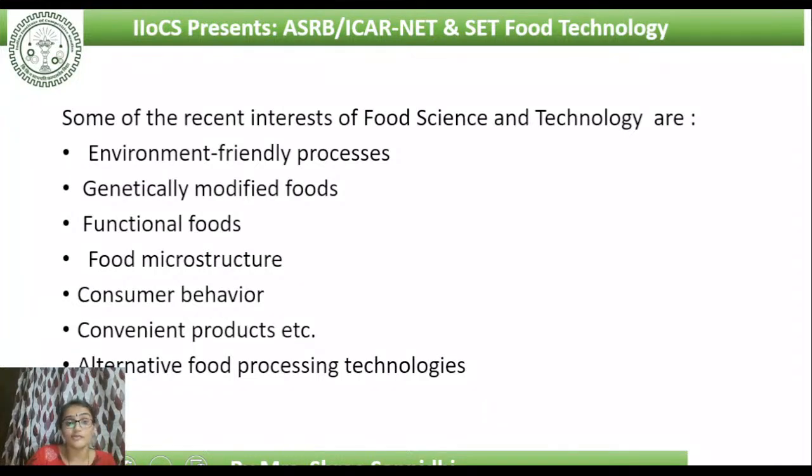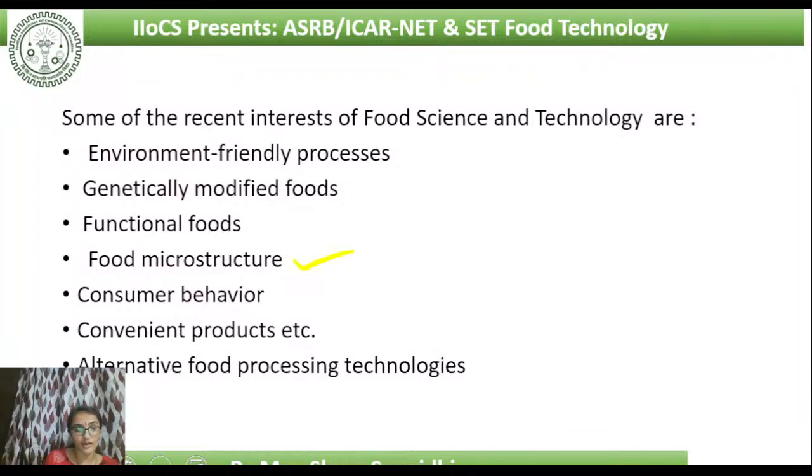Next is food microstructure. This comes especially in the food science category. Food microstructure is the in-depth study of microstructures of the food particles. This will give a better understanding of the food and better knowledge about food processing. The next one is consumer behavior.